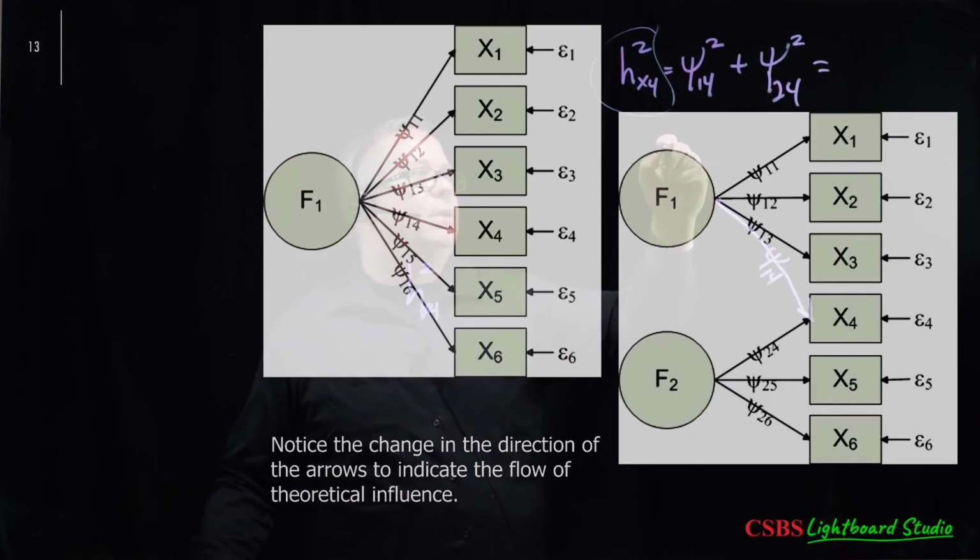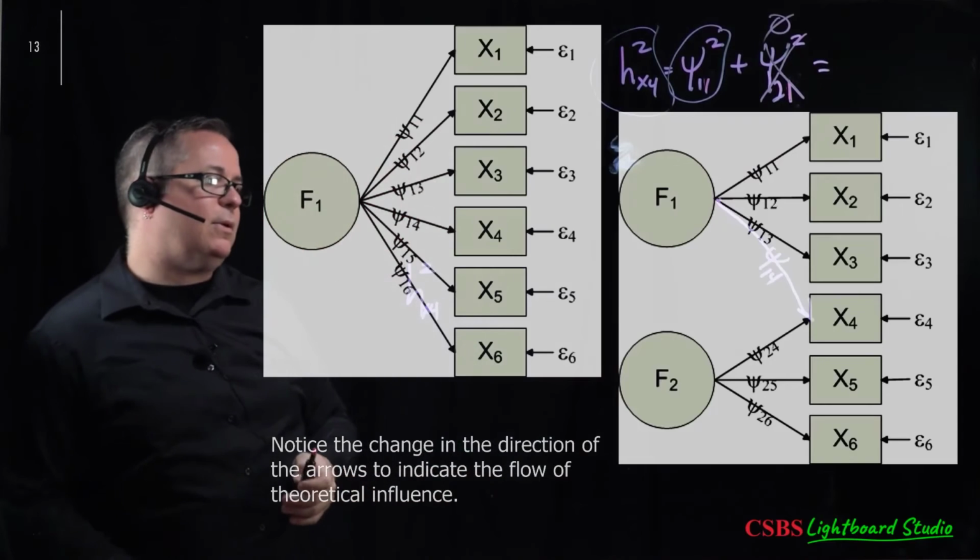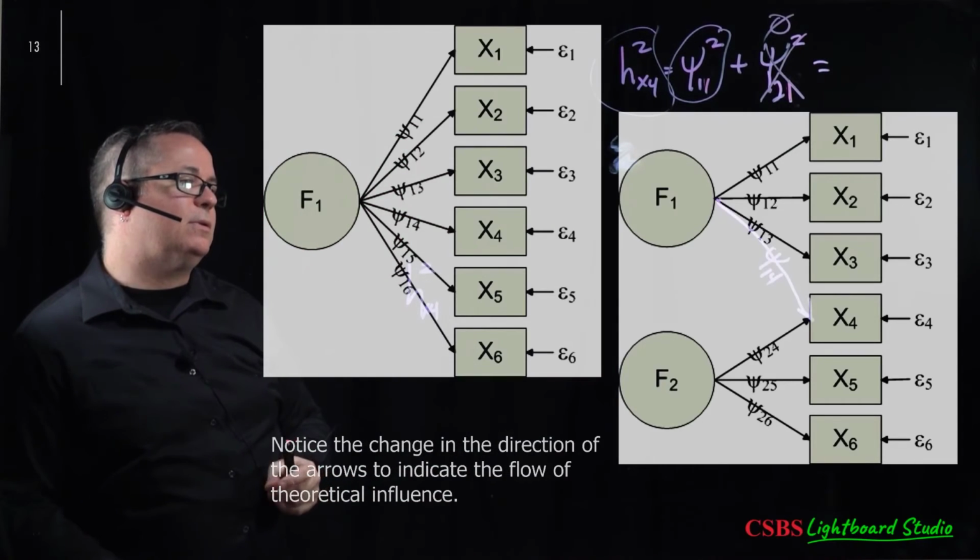For item 1 and item 2, this is a real loading for item 1, factor 2. This is 0, right? Because there is no loading from item 1 to factor 2.